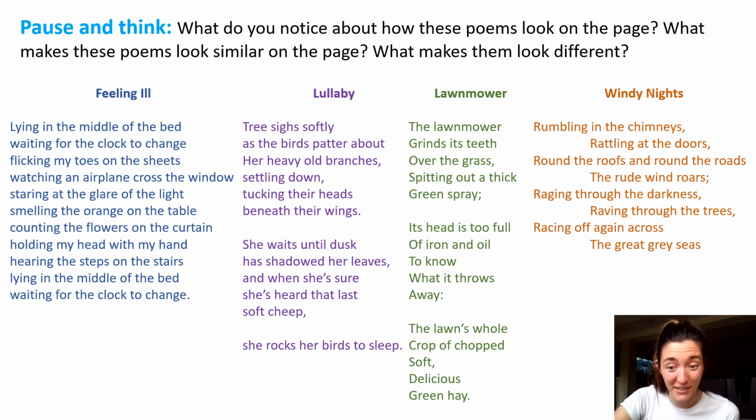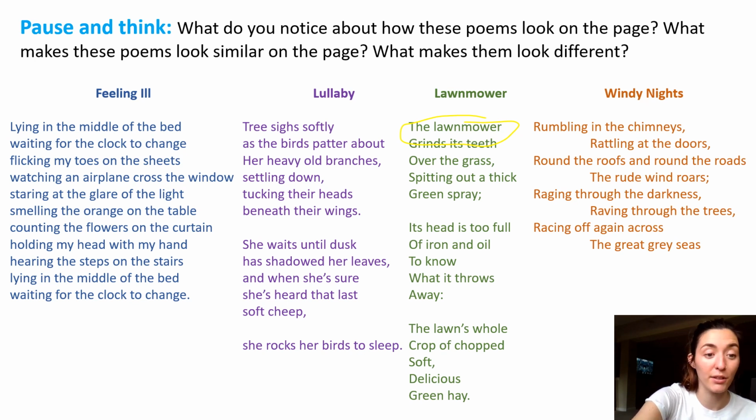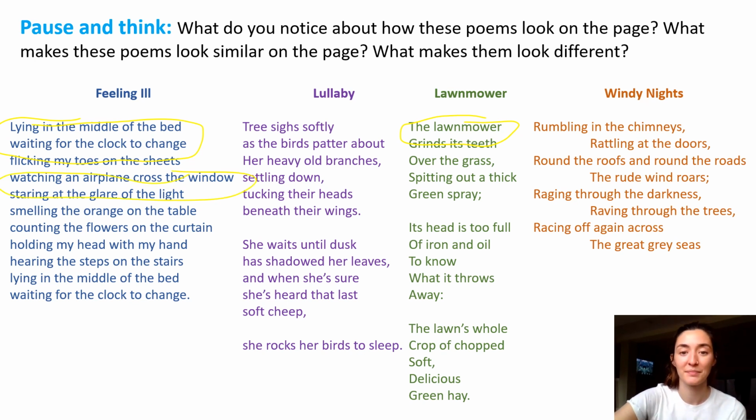So there's a lot of things that you might have noticed, but I'm going to highlight a couple of them. One thing that you might have noticed is that some poems have short lines, like over here in Lawnmower. In Lawnmower, there's lines that are only 2 or 3 words. Some poems, like over in Feeling Ill, have longer lines, right? Some of these have 5 and 6 lines, maybe even more, all the way over here.